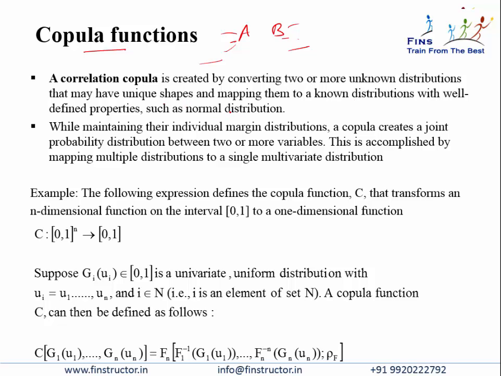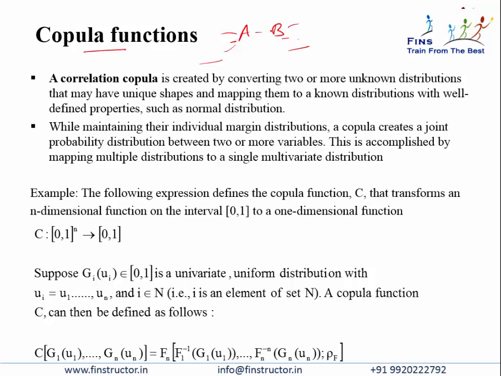Of course, there will be an approximation. So if A is following some unique distribution and so is B, then we first map them to an approximate normal distribution, and then we try to see the correlation between the variables A and B.